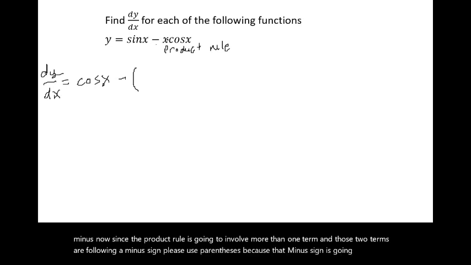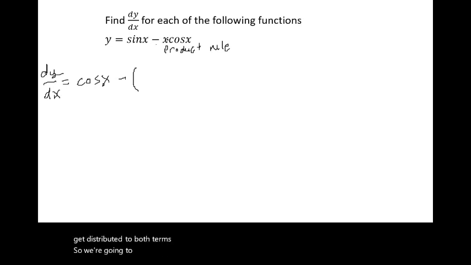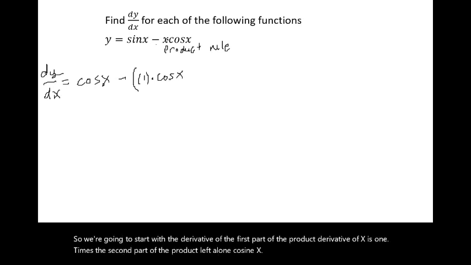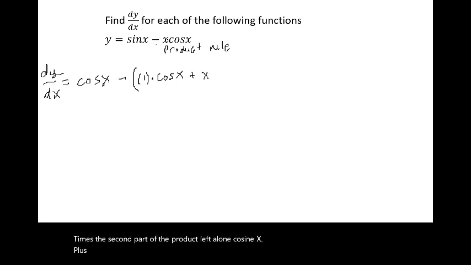So we're going to start with the derivative of the first part of the product. The derivative of x is 1, times the second part of the product left alone, cosine x, plus the first part of the product left alone, x, times the derivative of the second part of the product. The derivative of cosine is negative sine.